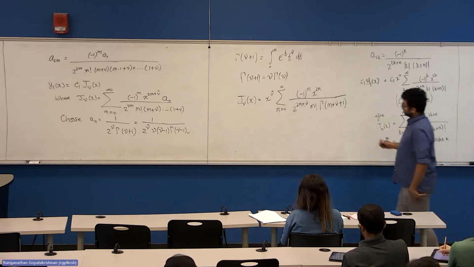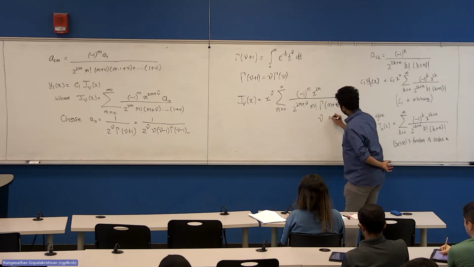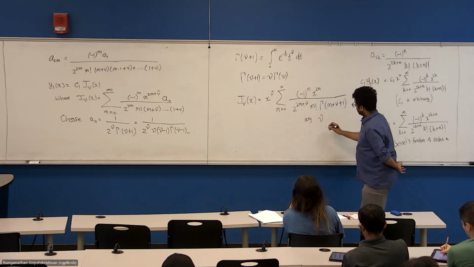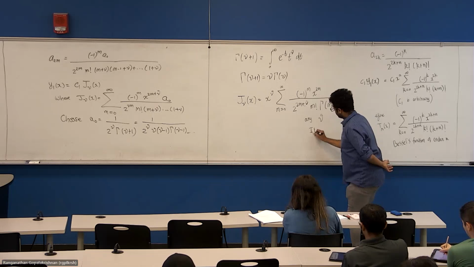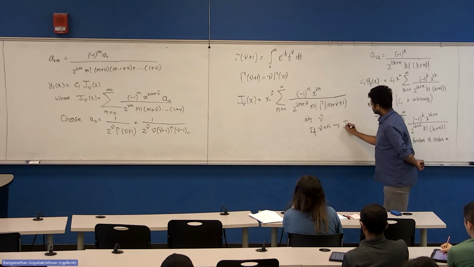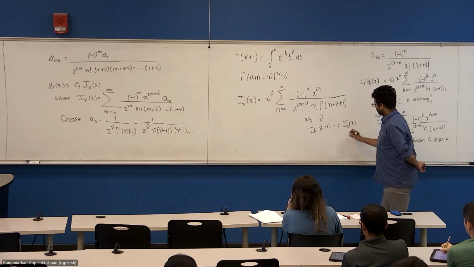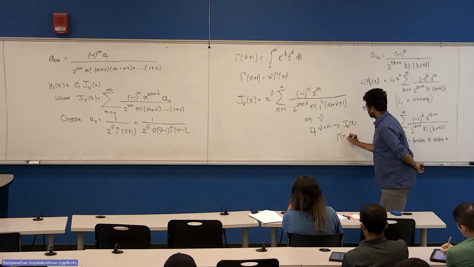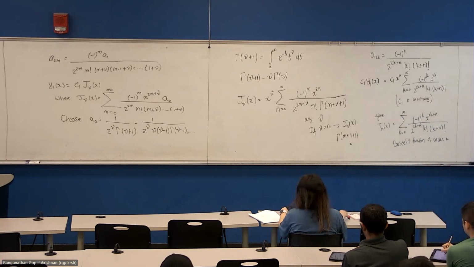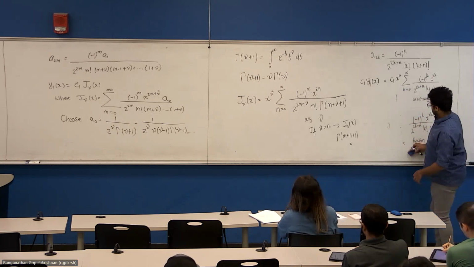This is for any nu, and if nu happens to be an integer, you can check this reduces to Jn of x because gamma of m plus n plus 1 is equal to... shall we try this?